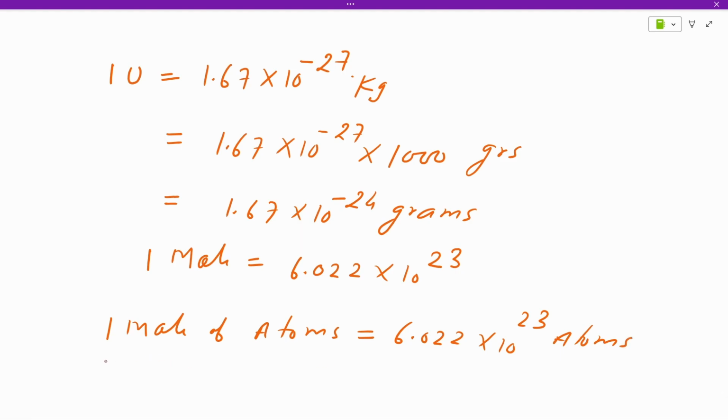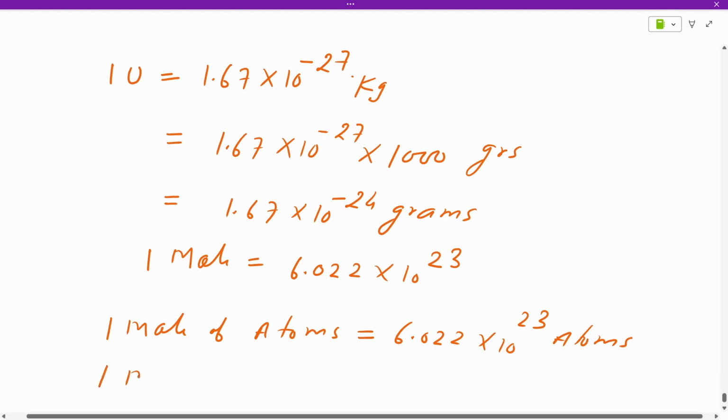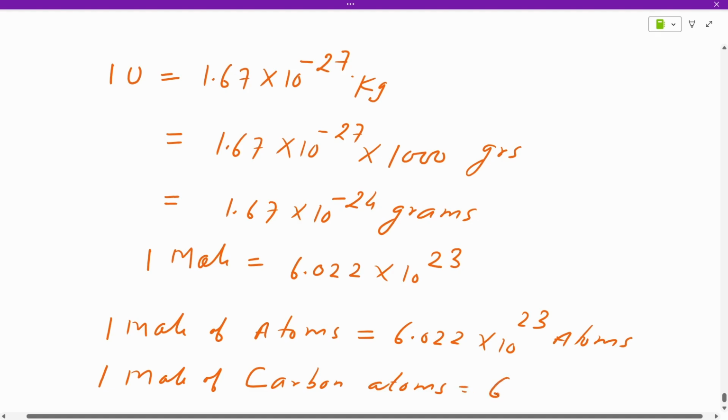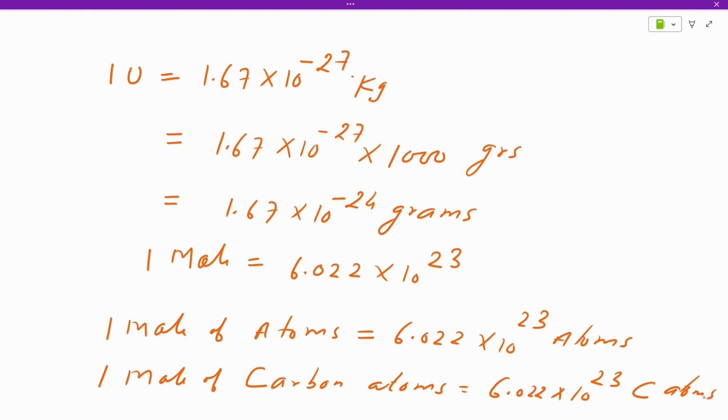Suppose we consider carbon atoms. 1 mole of carbon atoms means 6.022 into 10 raised to power 23 carbon atoms.